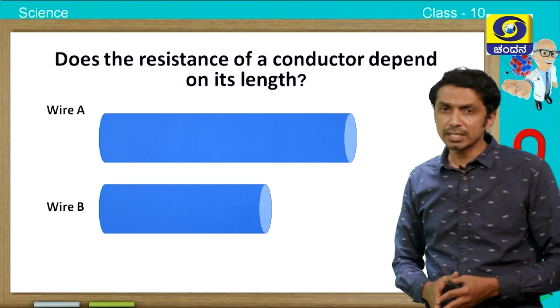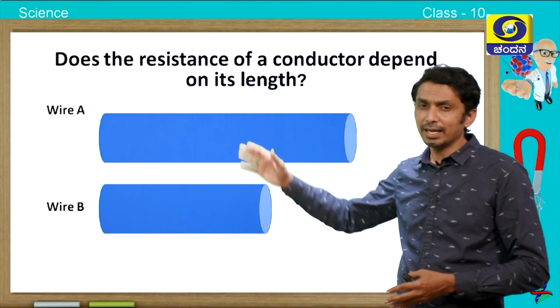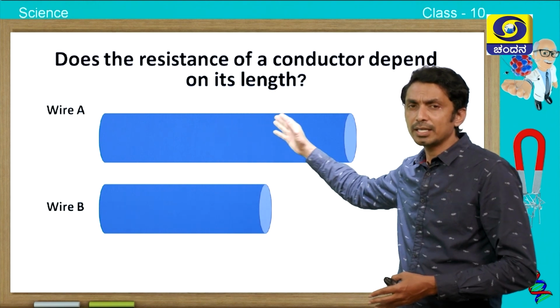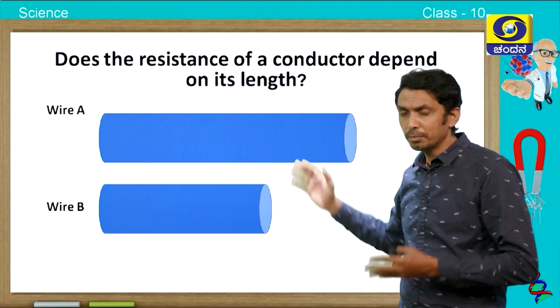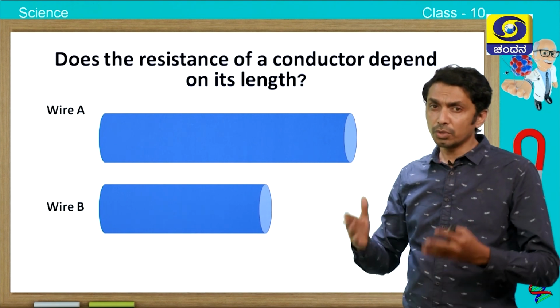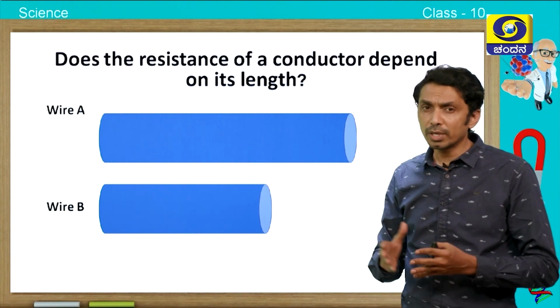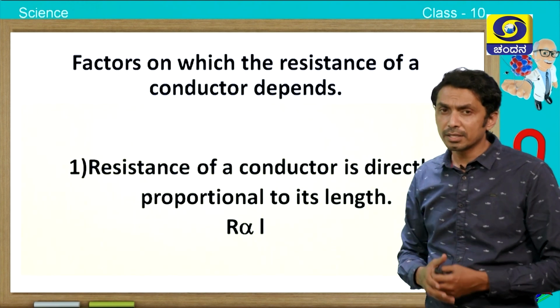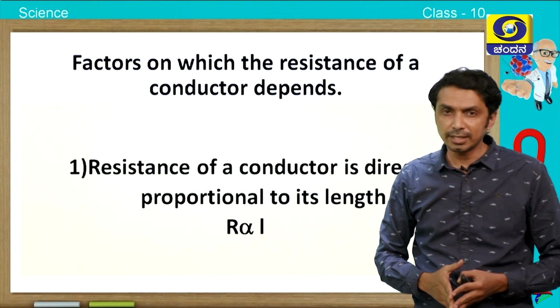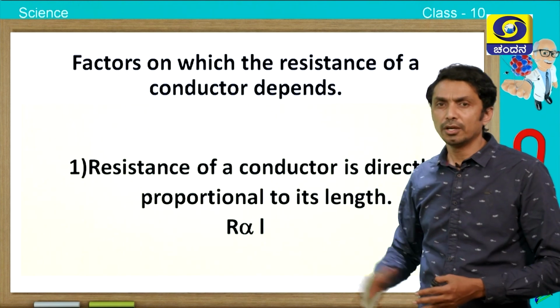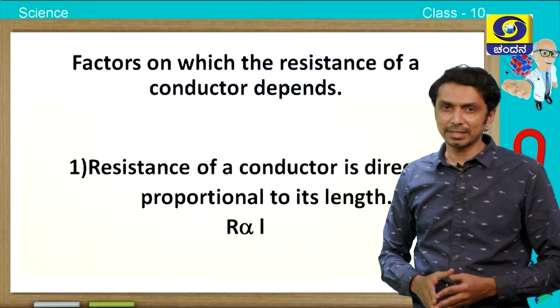So what can we say? We can say that if a wire is of longer length, then the charges need to flow more distance, so they will have more resistance. That means we can say the resistance of any conductor is directly proportional to the length of the conductor.